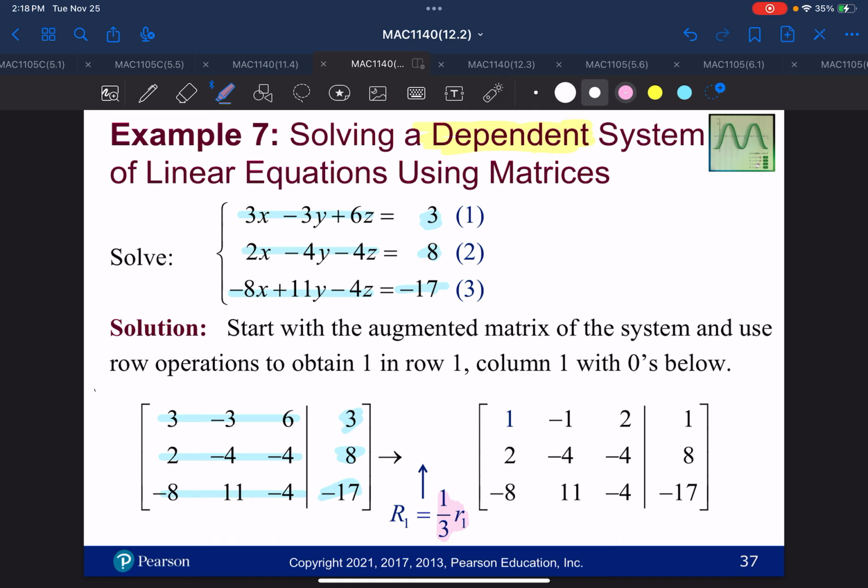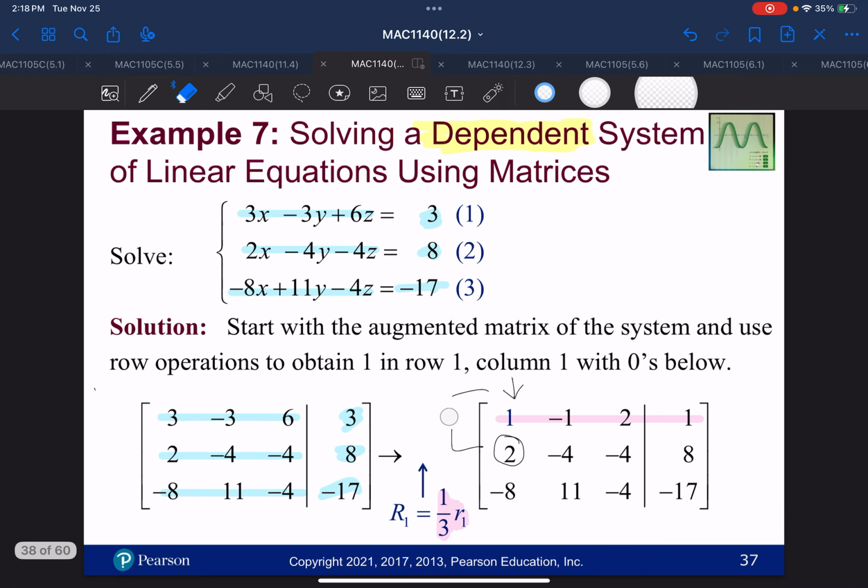I get a new row 1 by dividing the old row 1 by 3, so I get 1, -1, 2, and 1 for my new row 1. The next step is to get the number below it equal to 0. I can use this 1 here, multiply row 1 by -2, and add it to row 2 to get that to be equal to 0.